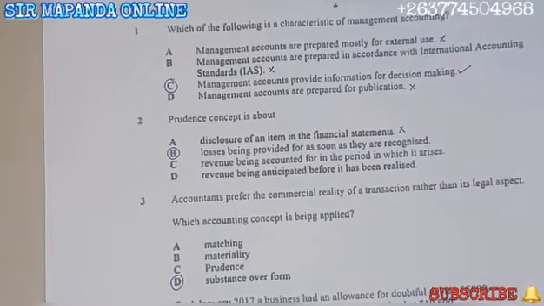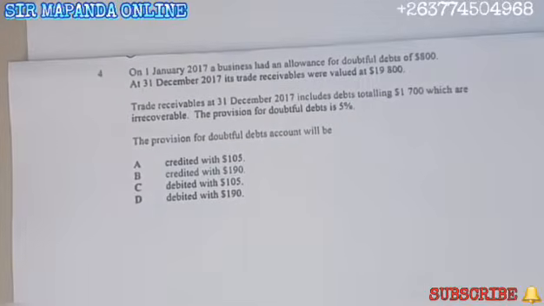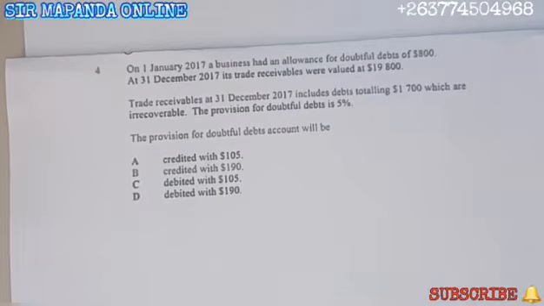We move on to question number 4. It reads, on 1 January 2017, a business had an allowance for provision for doubtful debts of $800. At 31 December 2017, its trade receivables were valued at 19,800.